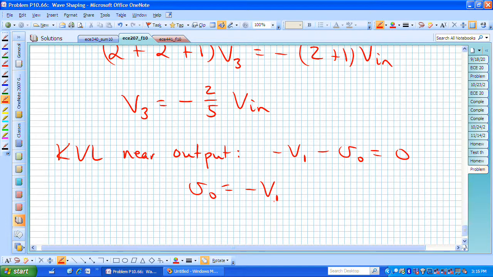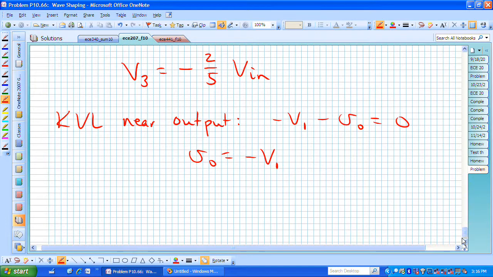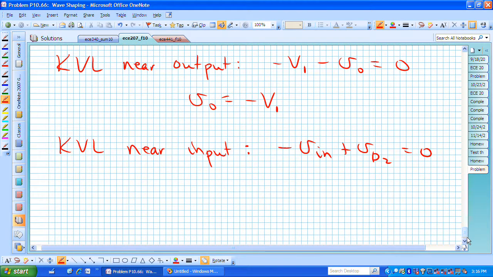We can also look at the KVL near the input, and this we saw, I think, by inspection before. We had minus Vn plus V sub d sub 2 is equal to 0. And that says that V sub d sub 2 is equal to Vn.